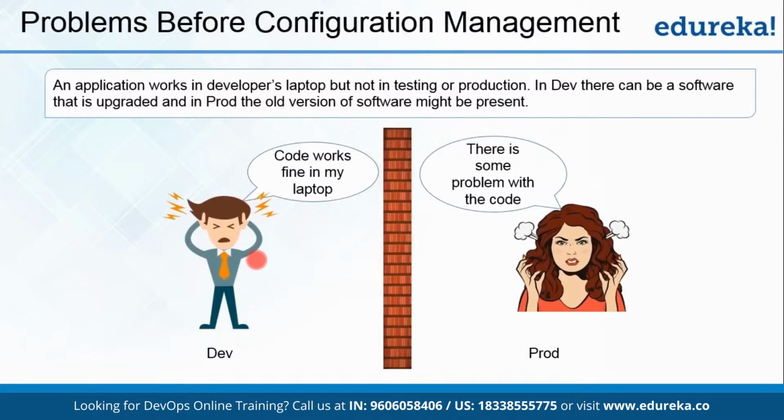After that, it works fine till testing as well. Now when it reaches production, since they're using the older version of MongoDB, which is not compatible with the application that developers have built, it won't work properly. There might be certain functions which won't work properly in the production environment. So there is an inconsistency in the computing environment due to which the application might work in the development environment, but in production it is not working properly.